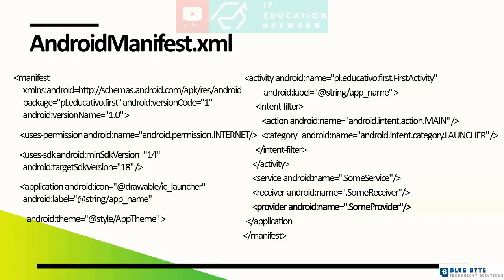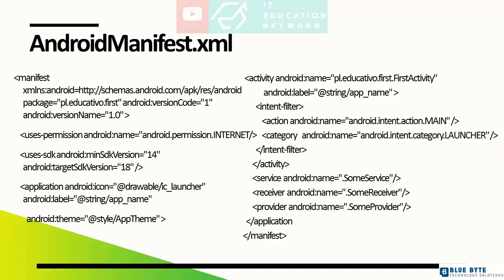The last group are providers, which make certain data available outside the application. Each of these components is in a way a main application component in Android and must be defined inside the Android manifest file in order to be used.